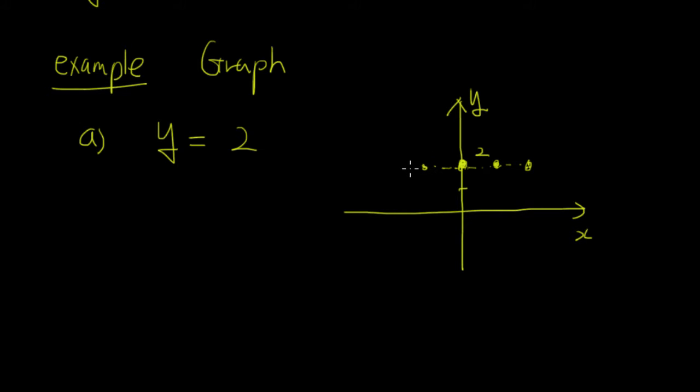So even though the x values of all these points are different, the y values are all the same. If you connect all those points, you come up with this line, and that line is the graph of y equals 2.